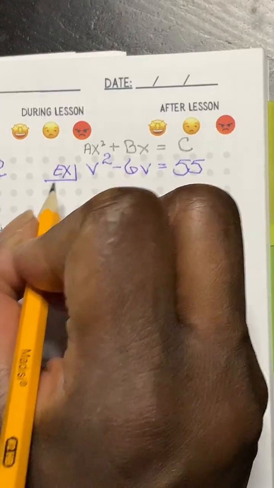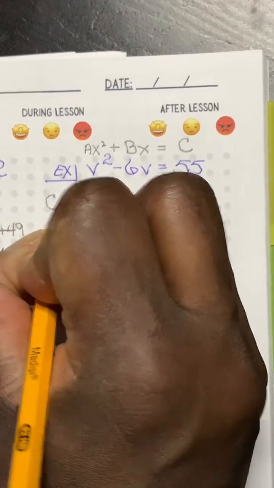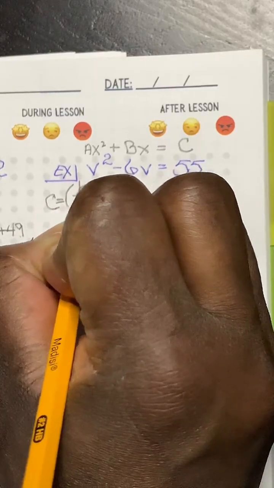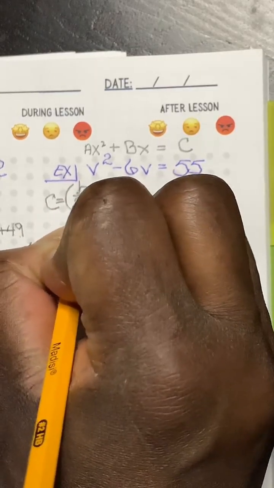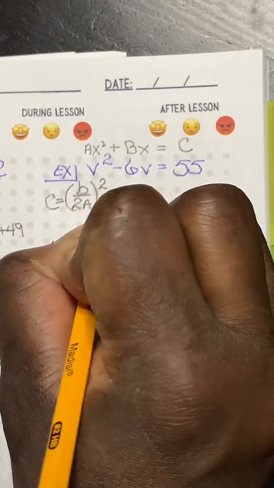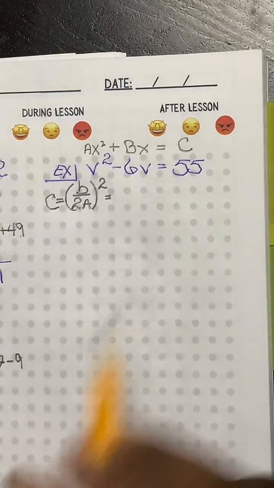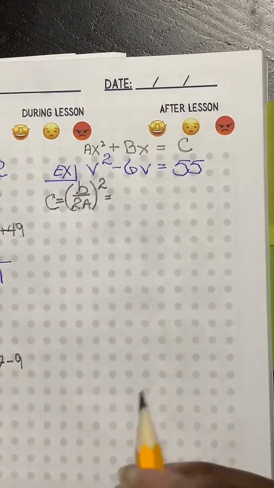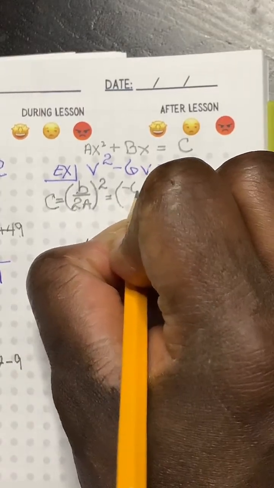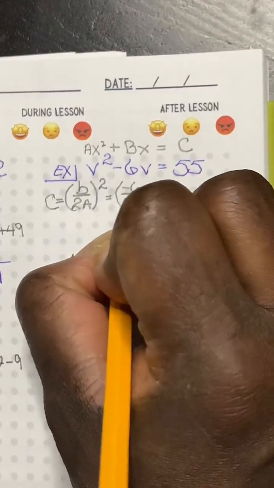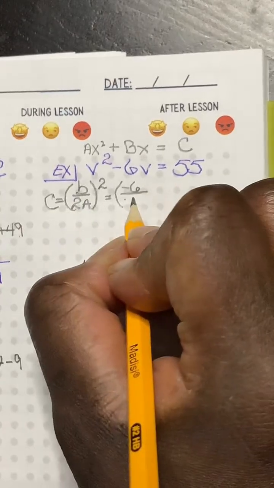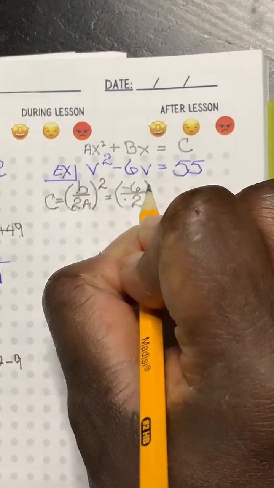So from here, let me kind of write the formula out. It's going to be our b over our 2a, and it's being squared. So now let's substitute. Our b is -6. Our a is 1. So 2 times 1 will give me 2.